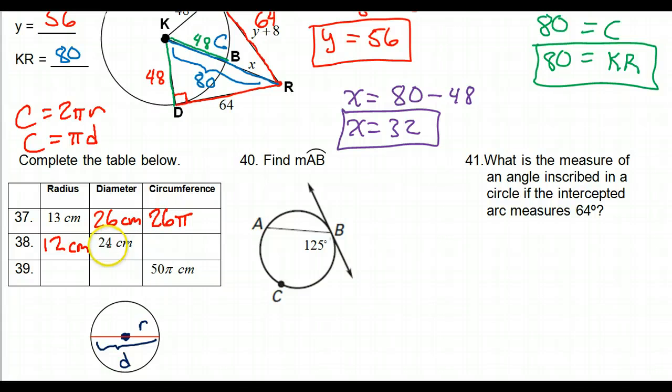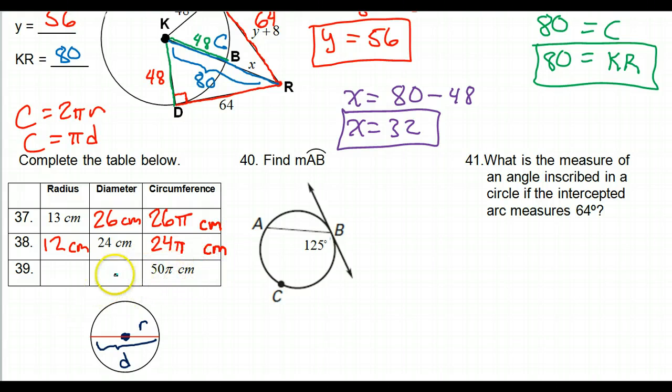If the diameter is 24, then the circumference is just going to be 24 pi. Okay, pi times the diameter. And I should put the units in here. And that was a messy pi. Let me try that again. Okay, 24 pi centimeters.